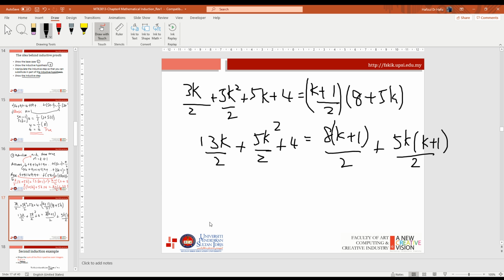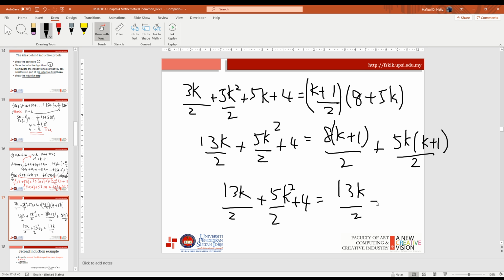So finally we got 13k divided by 2 plus 5k power of 2 divided by 2 plus 4 is equivalent to 13k divided by 2 plus 5k power of 2 plus 4.